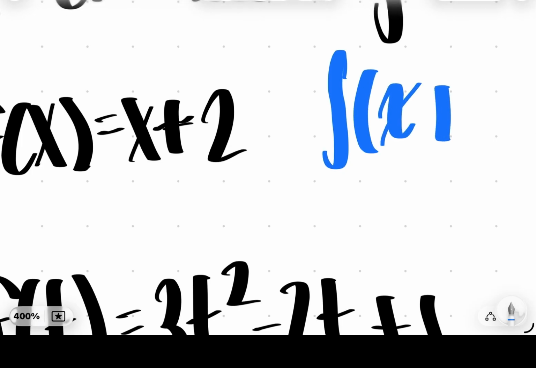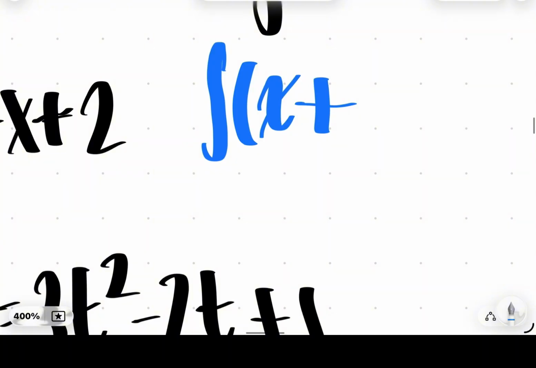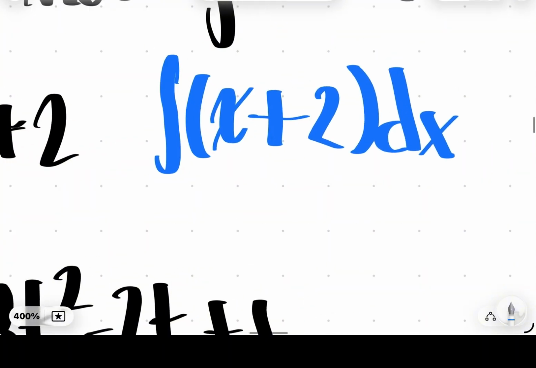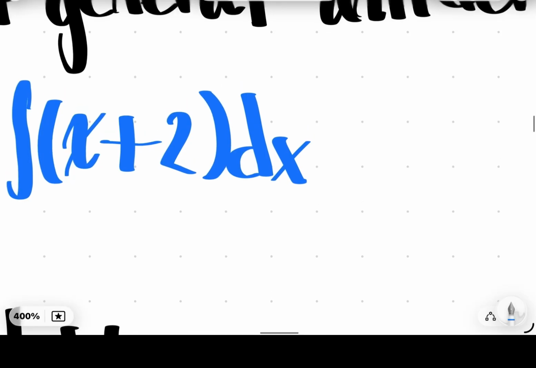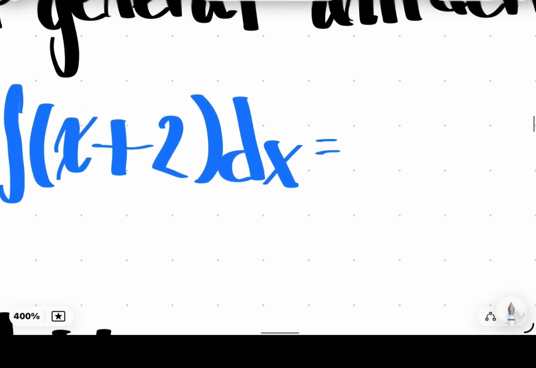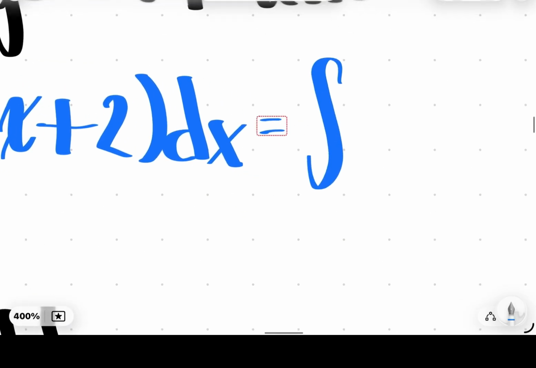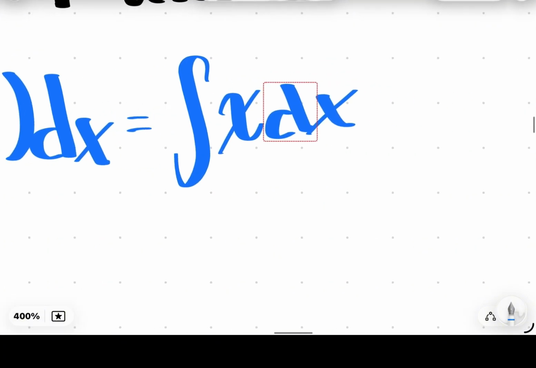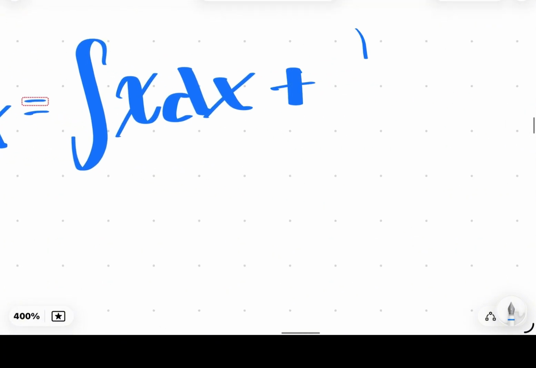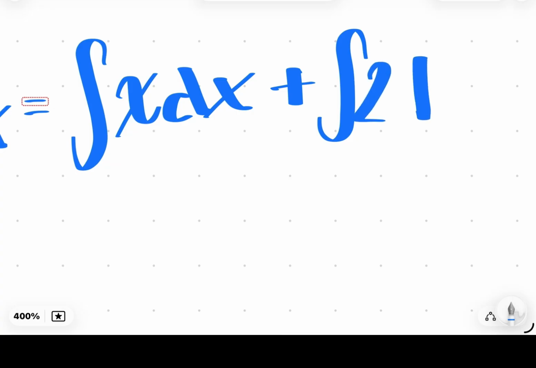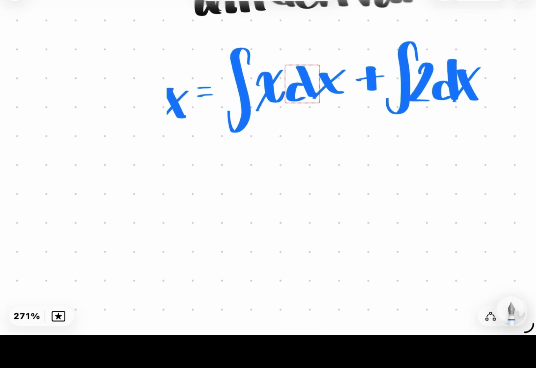So, part A, to find the general antiderivative, or the integral, of x plus 2 dx, with respect to the variable x. You can split this up into the integral of x dx plus the integral of the constant 2 dx.